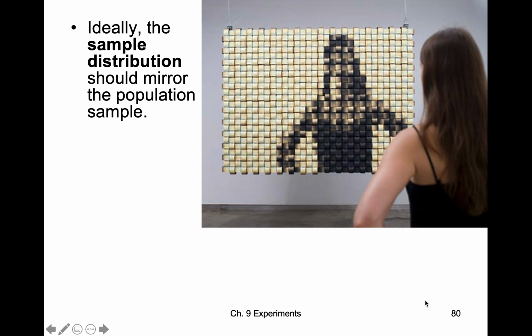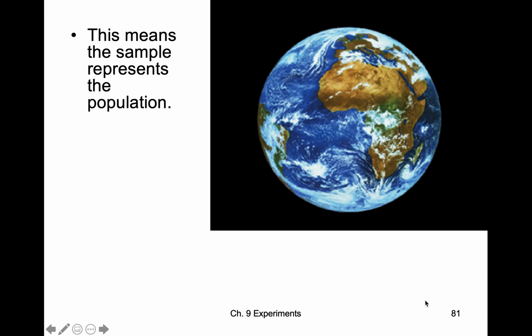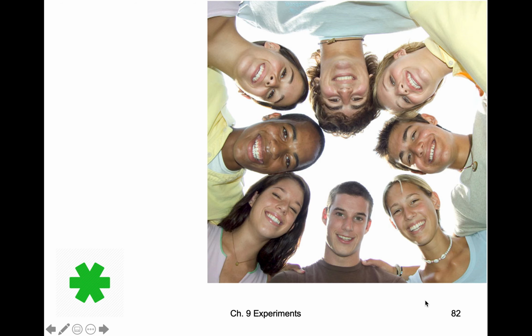I don't know what it would be. I think I'm a little bit of both of those. But hopefully, if you take a sample, it will be the same as the population, so that you can say, I talked to these 500 people, and I think I can project this is what people are thinking. So this means that the sample represents the population. It's the reason we do experiments.